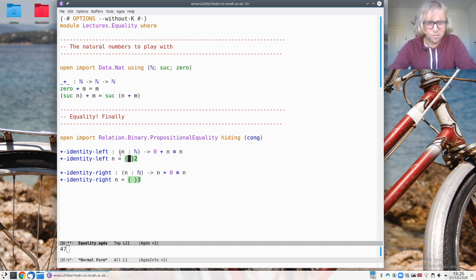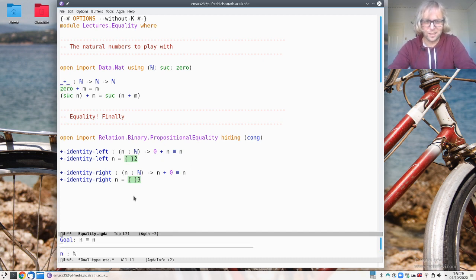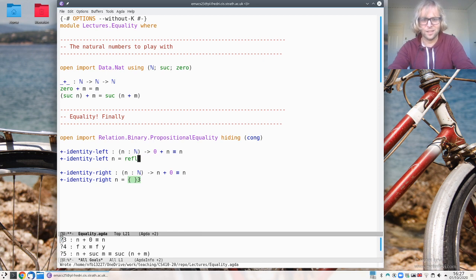Okay, so how do we prove that 0 plus n equals n? Well, this is one of the defining equations here, right? So if I actually normalize this goal, then what I have to prove is that n equals n, because 0 plus n has computed away and become just n. Right? So this is easy to prove. I just give refl.